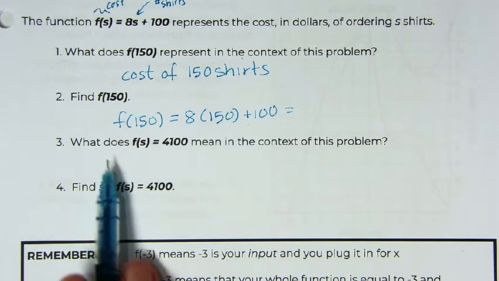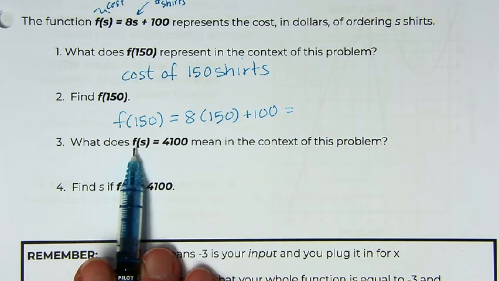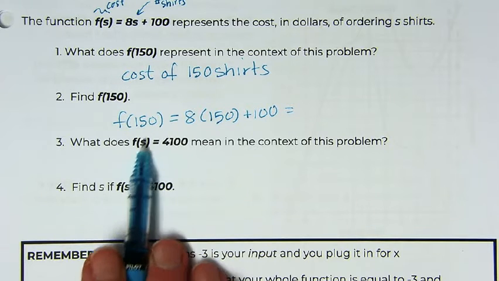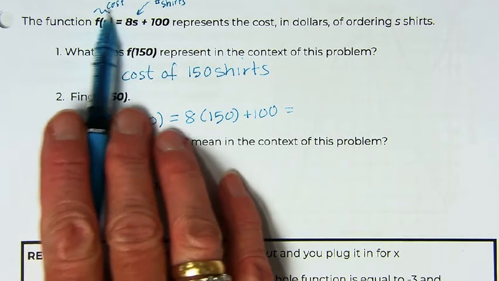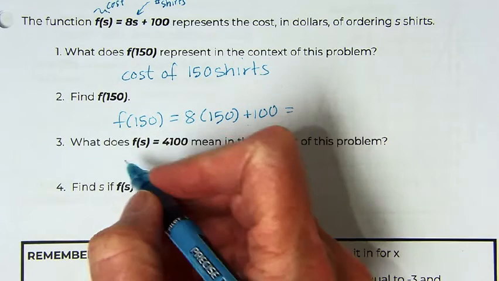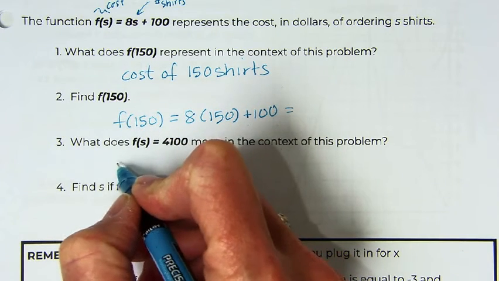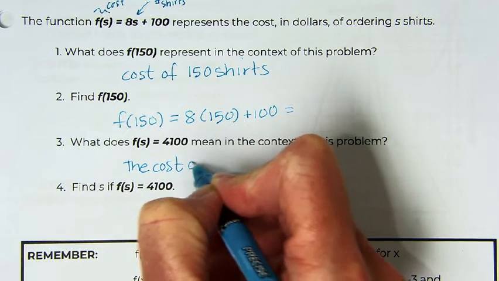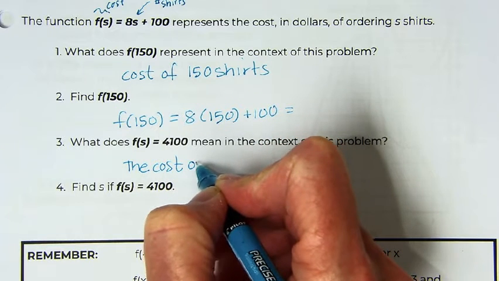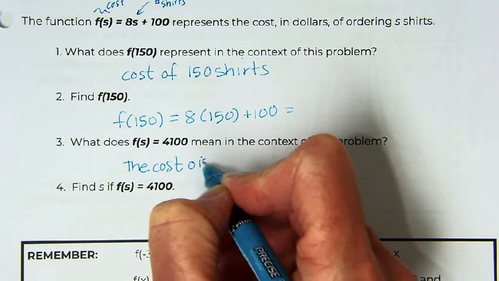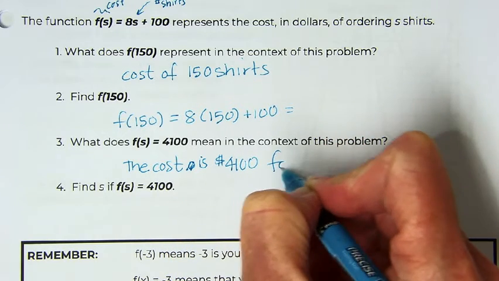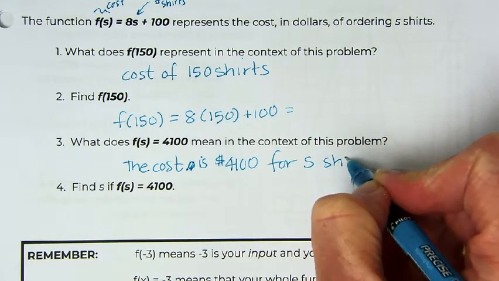The next question says, what does f evaluated at s equals 4,100 mean? Well, in this case, that is representing the entire cost. So basically, this is saying the cost is $4,100 for s shirts.